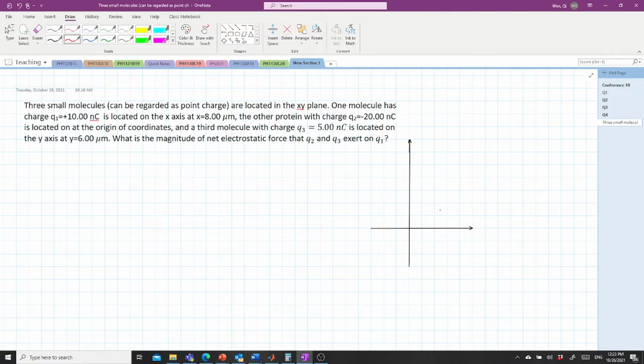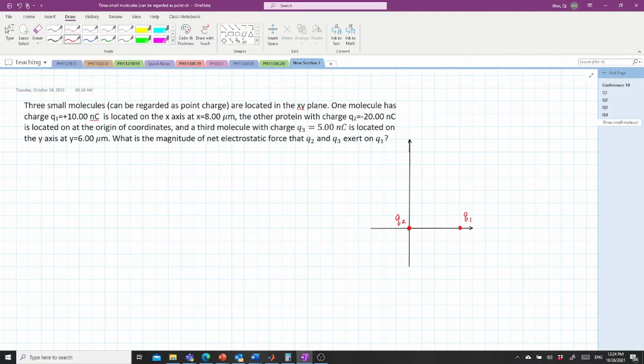Particle charge Q1 would be on the x-axis at x equal to 8 micrometers. Let's draw it here: 2, 4, 6, 8. This will be Q1. The charge Q2 will be at the origin of the coordinates.